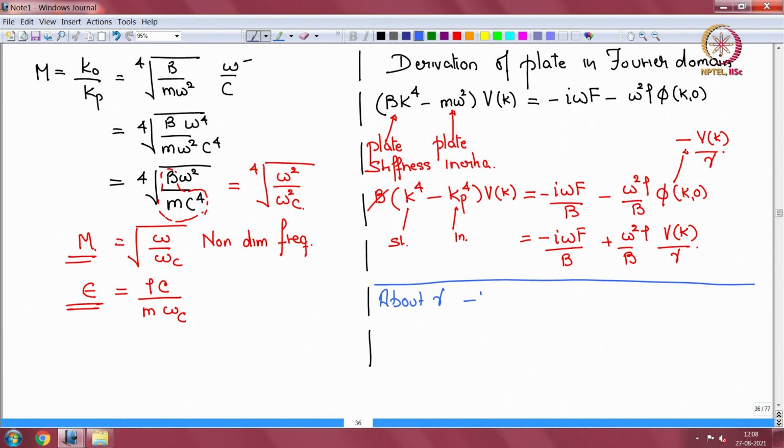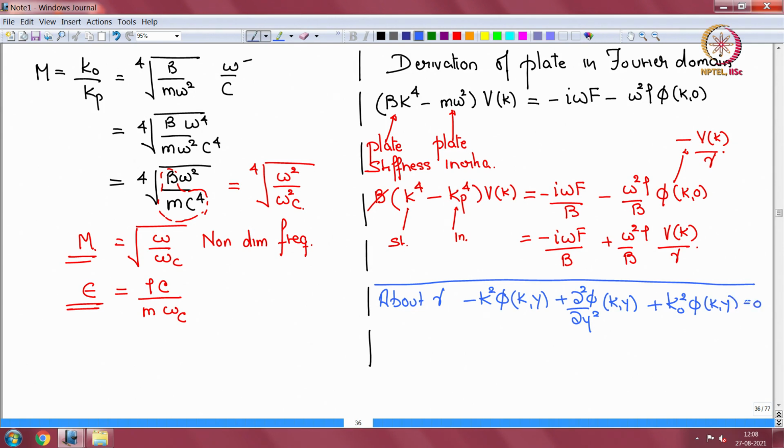We get minus k square phi in the Fourier domain with x and then y, plus del 2 phi by del y square at k comma y, plus k0 square phi of k comma y is 0.